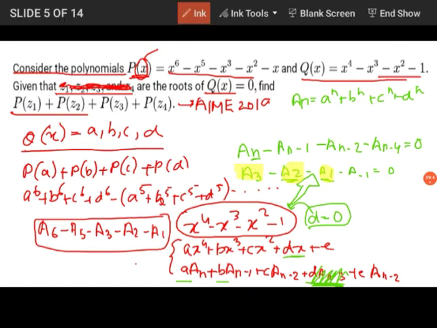So from here we can write it as a6, a5 and a2, so a4 minus a3 minus a1. You know this value, you can find this value, hence you can ultimately find this value.